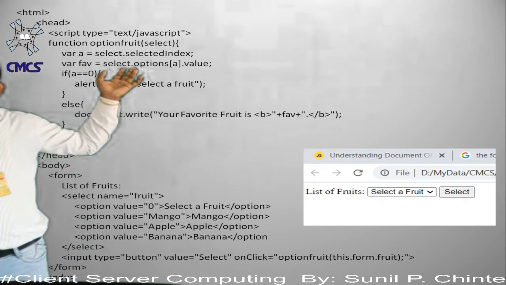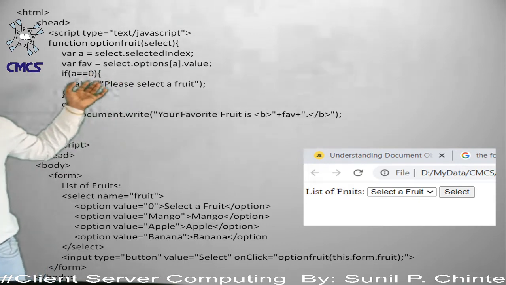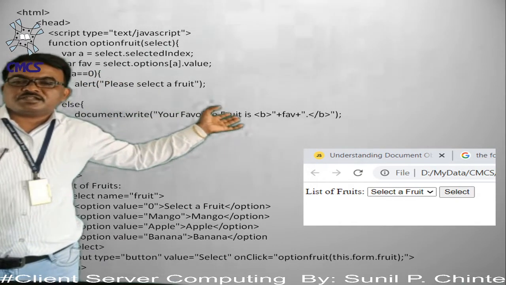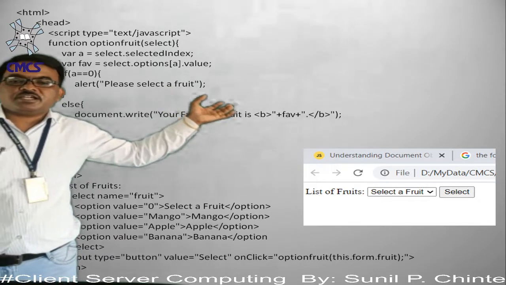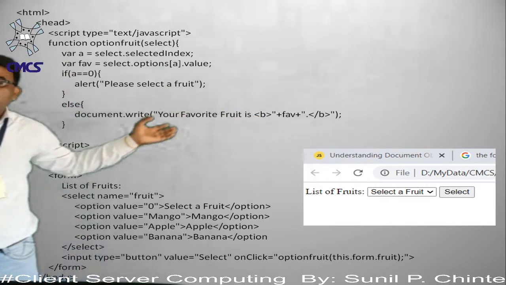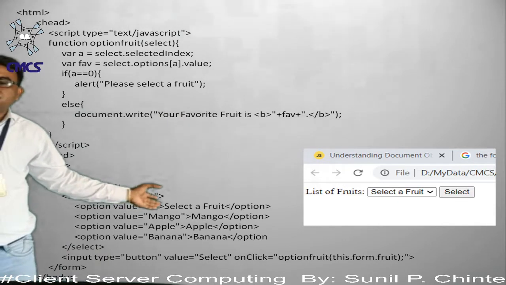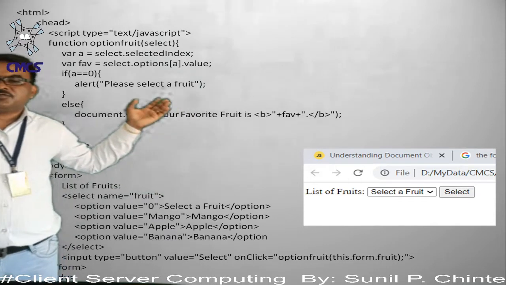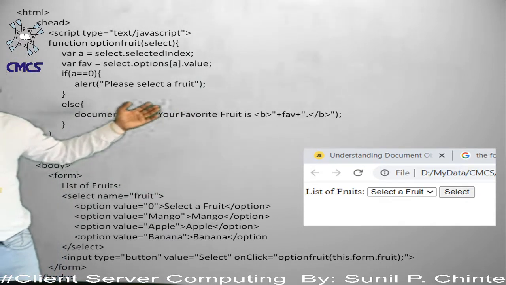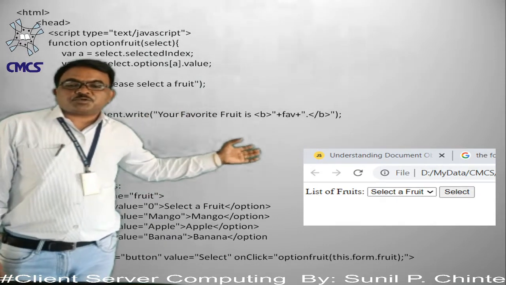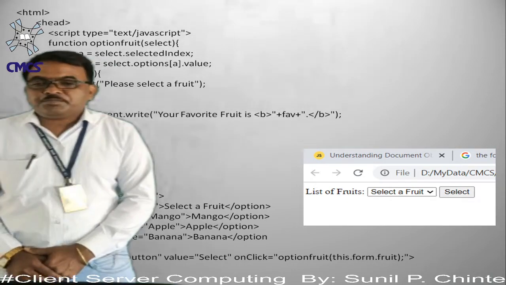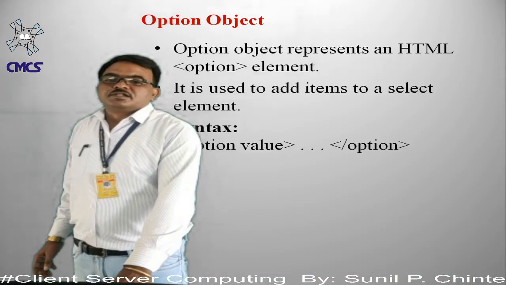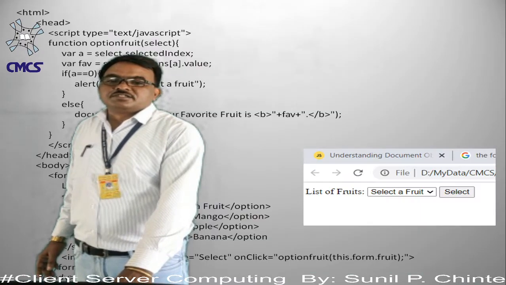If the value equals 0, then the output will be please select fruit, because we have numbering from zero, that is the please select fruit. Otherwise it will display the favorite fruit. Okay, so this is a simple example through which we can demonstrate the drop down list and its selections.